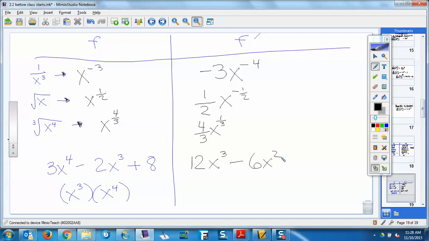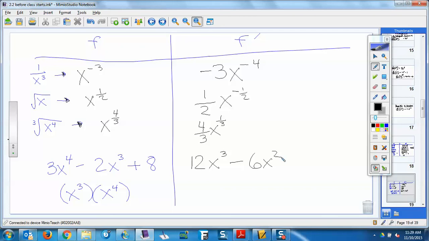Now, here's another thing. So this is interesting. What if this would have been 3x to the 4th minus 2x cubed plus 10? Same derivative. What if this had been 3x to the 4th minus 2x cubed minus 12? Does that sound familiar, like something we've talked about before?